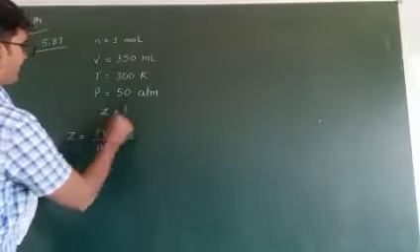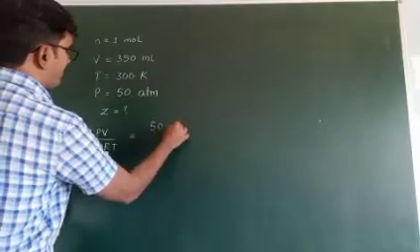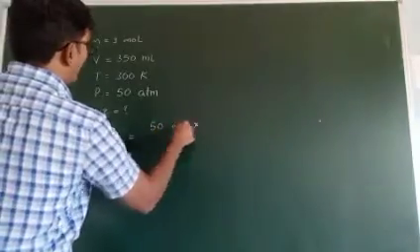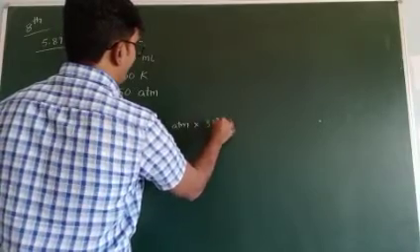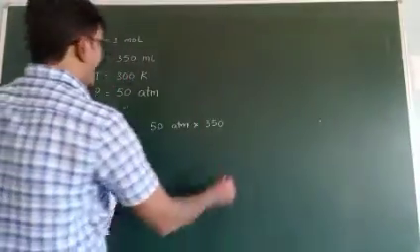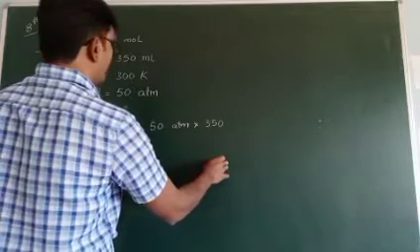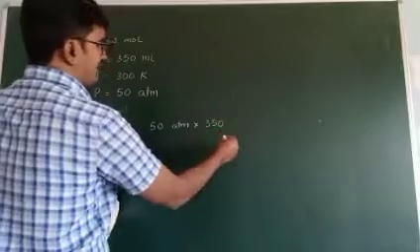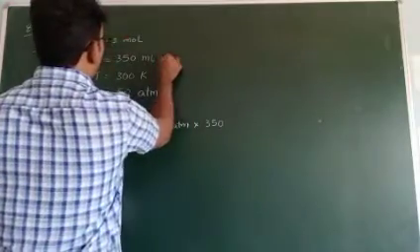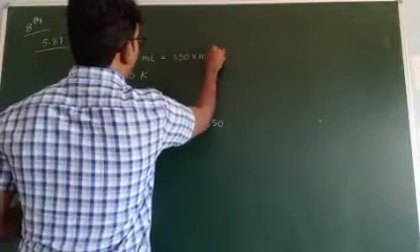P is 50 atmospheric pressure. V value is 350 milliliters. Milliliters is given, so we have to convert this into liters. That is 350 into 10 to the power of minus 3 liters.